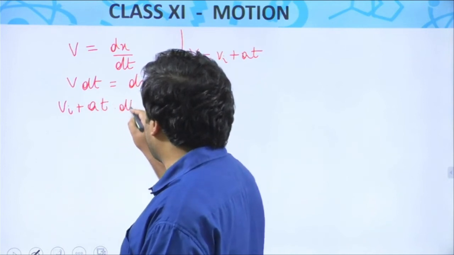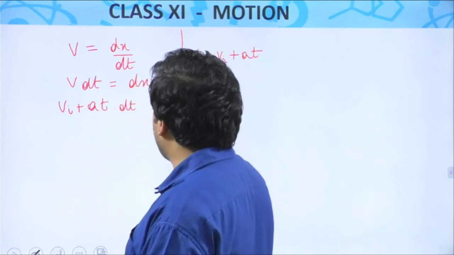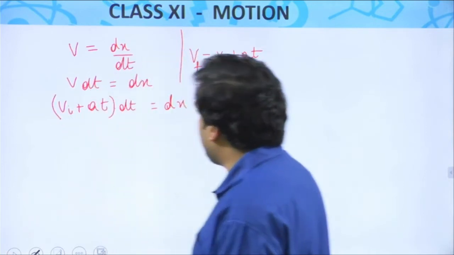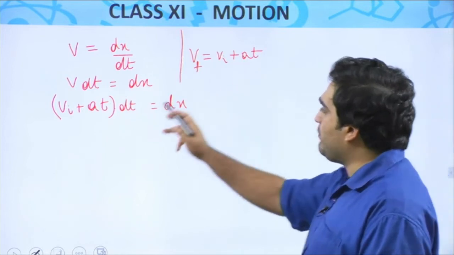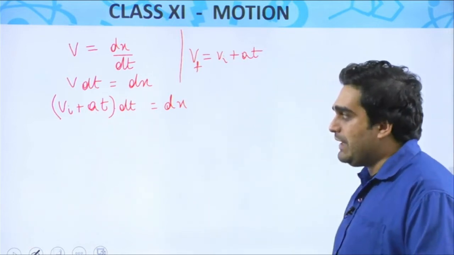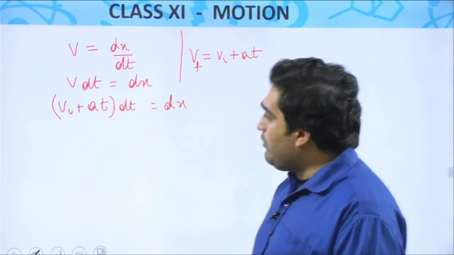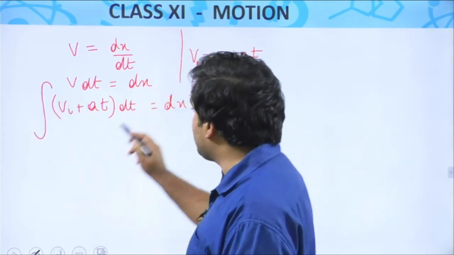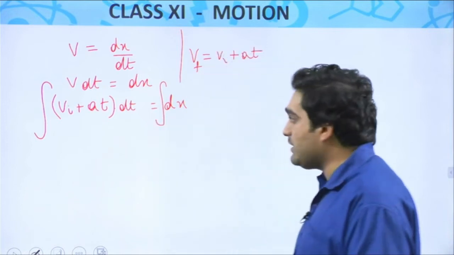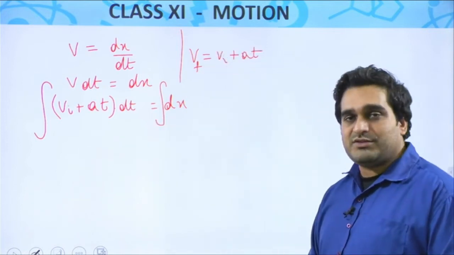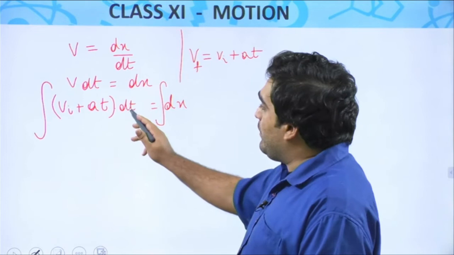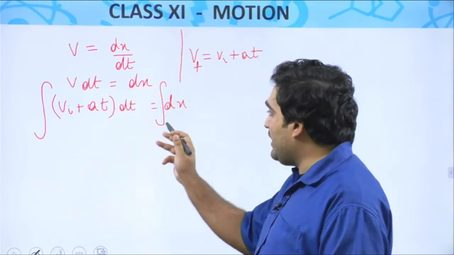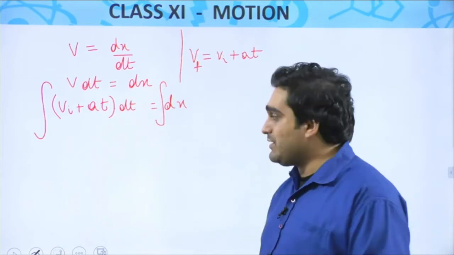So (vi plus at) into dt is equal to dx. I put this in a bracket because it's one common expression, vi plus at. Now we integrate on both the sides, just like the tool that we used in the previous case. You integrate the left with respect to t and the right with respect to x.